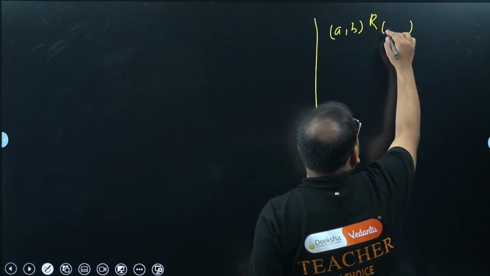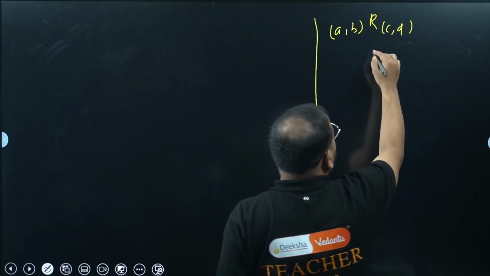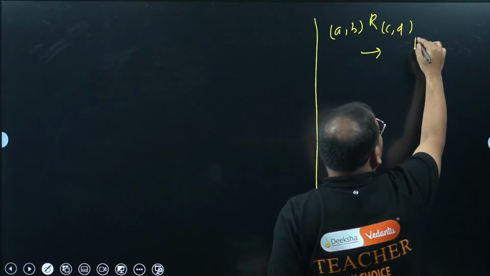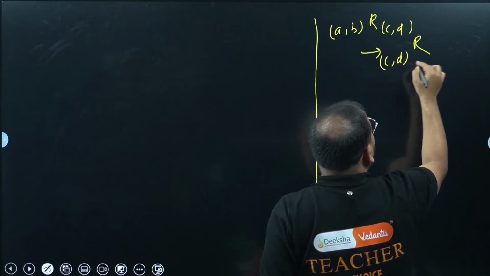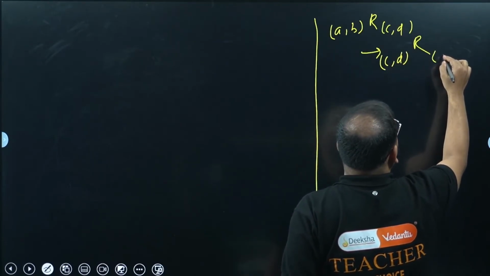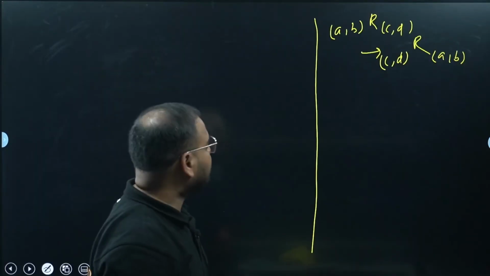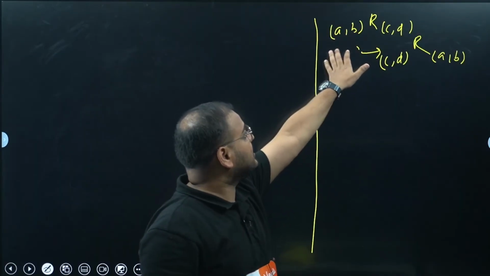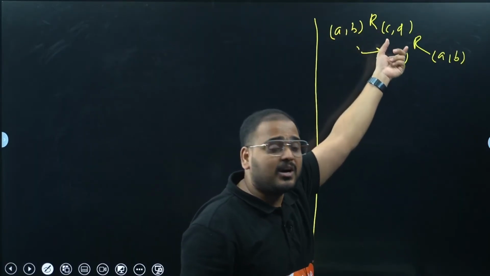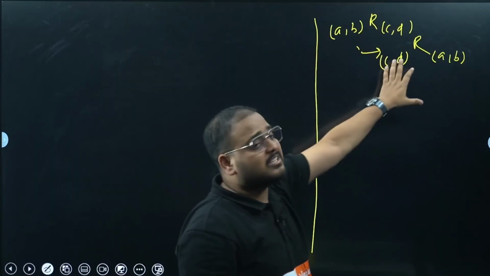A, B and C, D. If this is true, then what has to be true? If (A, B) R (C, D), then (C, D) R (A, B) has to be true as well.